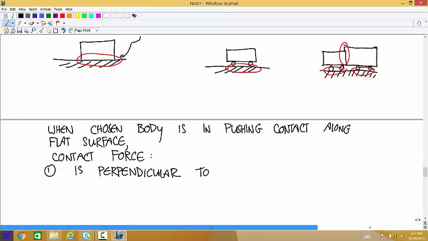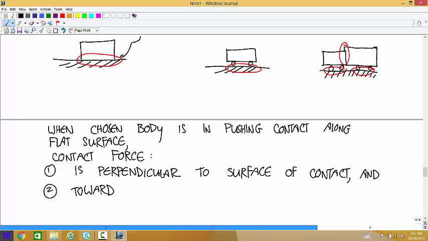Perpendicular to the surface of contact. And second, it is toward the chosen body, away from the contacting body.